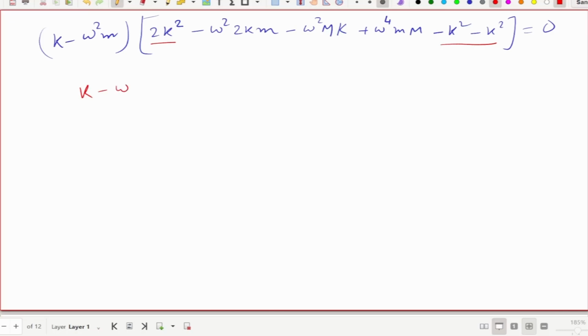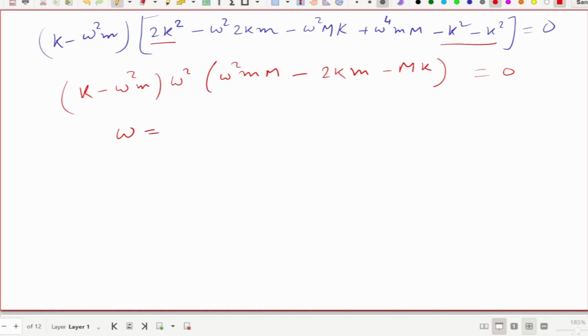okay. So, if we cancel this term, we will have k minus omega square M, and then omega will be common from all these terms. So, omega square, and then you have omega square M minus 2 k M and M k. Okay. So, this equals 0, and now you can solve this and find the frequencies.